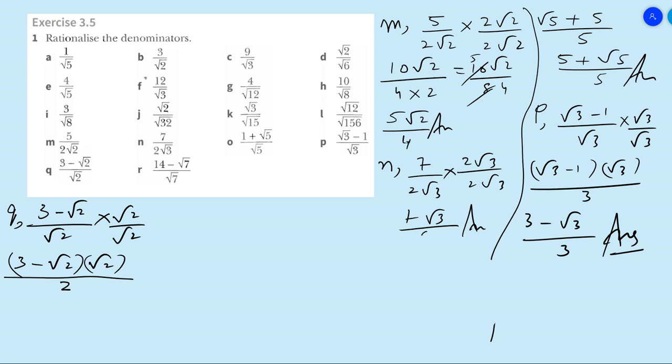Root 2 into 3 is 3 root 2. Root 2 into root 2 is 2, upon 2. Or you can write this as (minus 2 plus 3 root 2) upon 2. This is the answer of part Q.